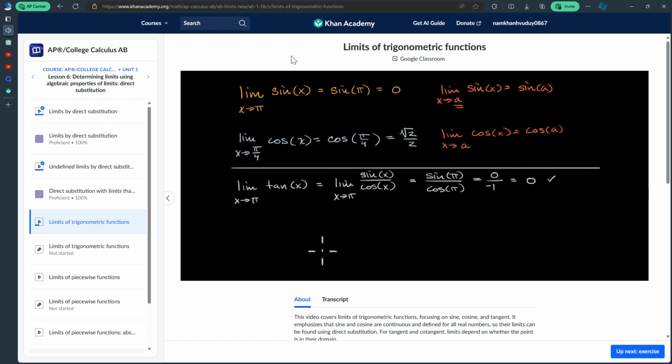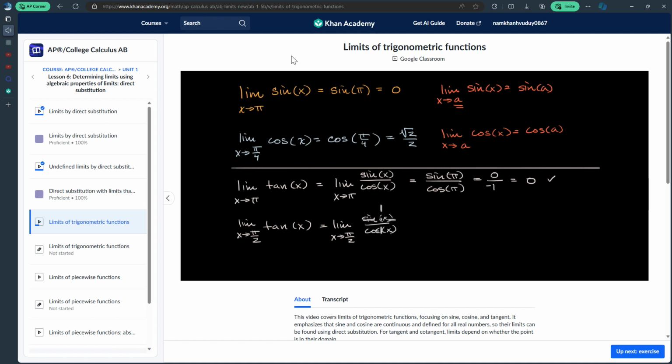So that works out. But if I were to ask you, what is the limit as x approaches pi over 2 of tangent of x? Pause the video and try to work that out. Well, think about it. This is the limit as x approaches pi over 2 of sine of x over cosine of x.